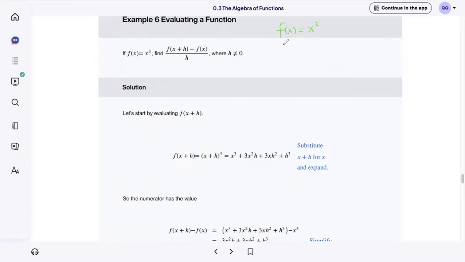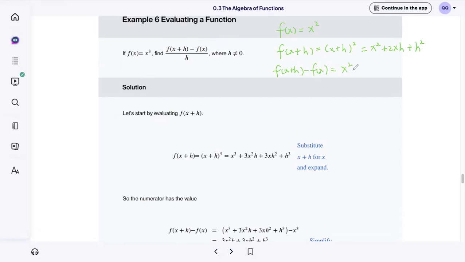So how do we calculate? First, we need f of x plus h. That would be x plus h squared. What is that? FOIL it. Square the first one, 2 times the first one times the second one, square the second one. Then we do f of x plus h minus f of x.